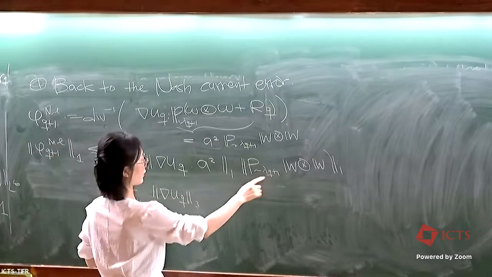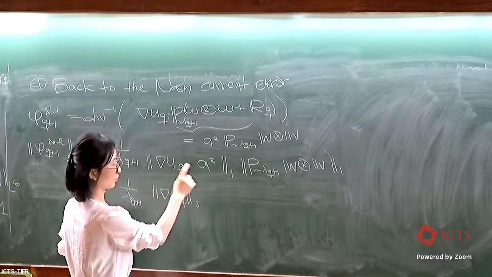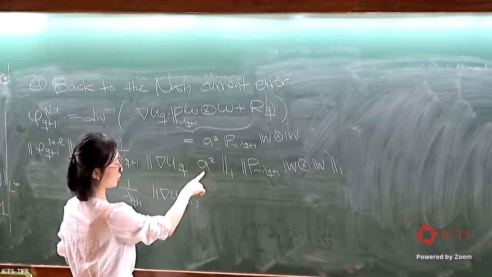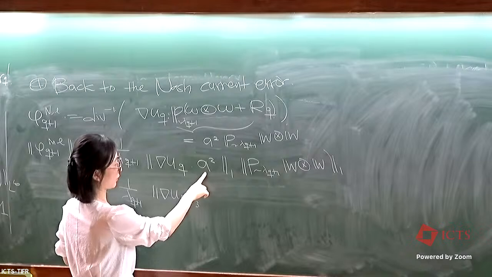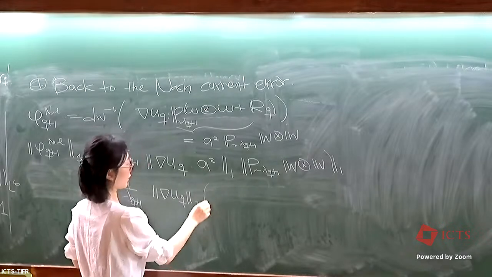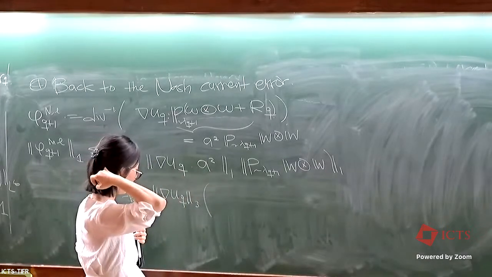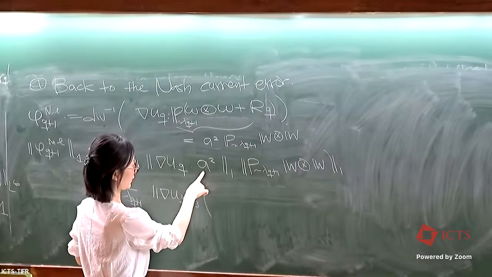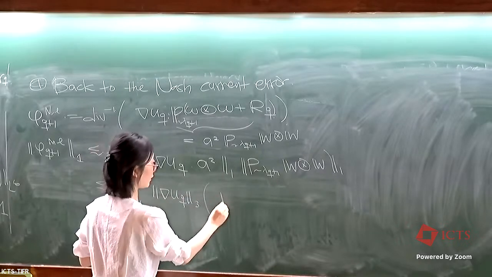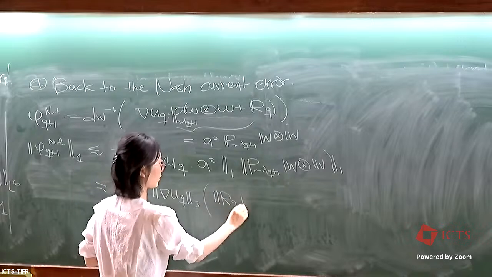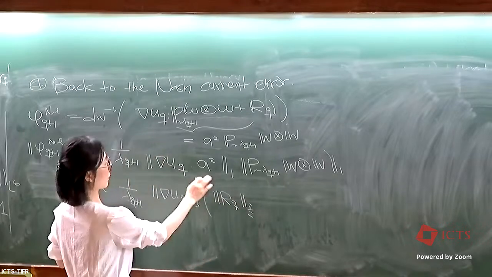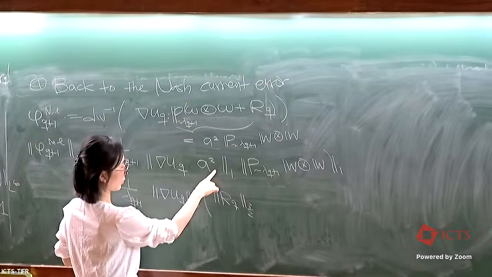Then there are two cases: this one is a Reynolds corrector, or this one is for the current corrector. In the case of the Reynolds corrector, this one is like RQ, and we are taking the L3/2 norm, because I'm using Hölder. So L3 norm, L3/2 norm.